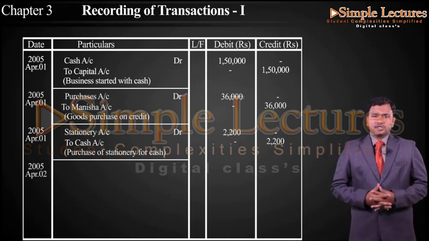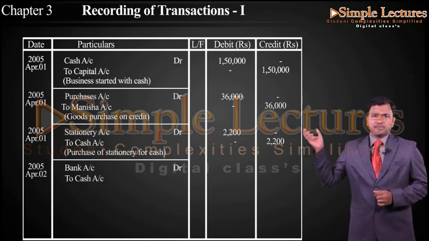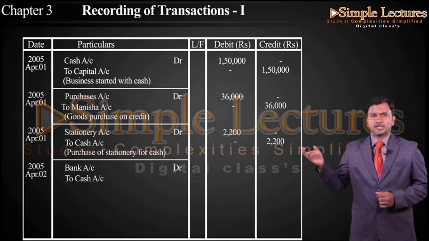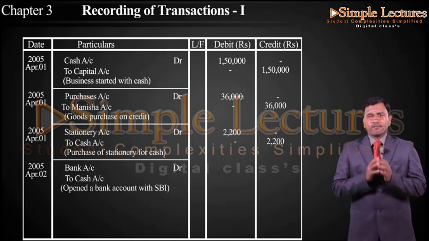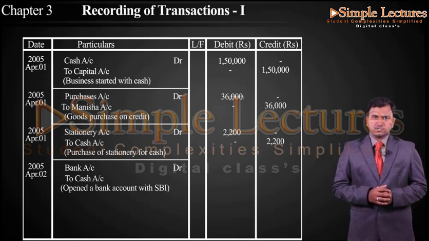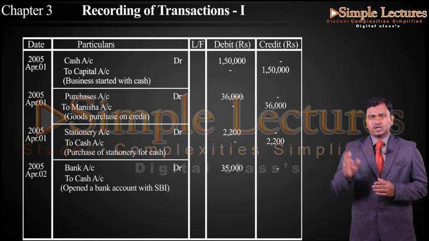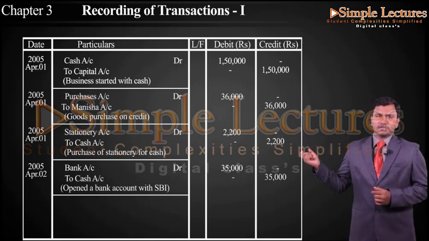So here the entry will be the date 2/4/2005 bank account debtor to cash account. In brackets the narration will be open a bank account with cash of rupees 35,000. The amount will be in the debit column 35,000 and credit column 35,000.